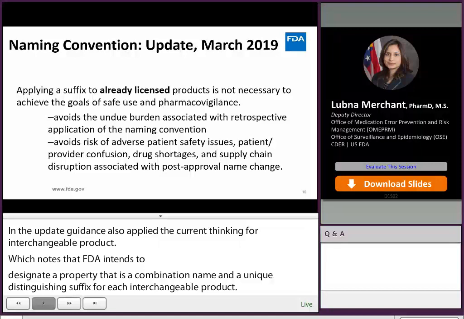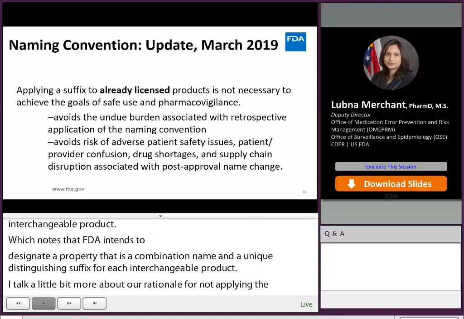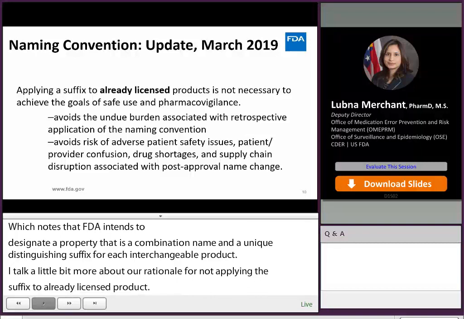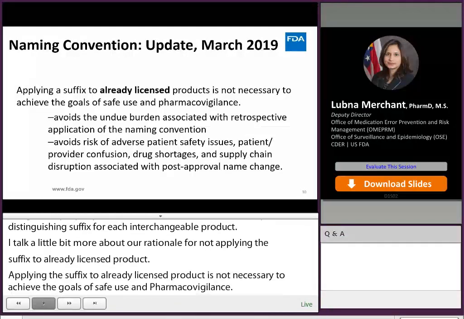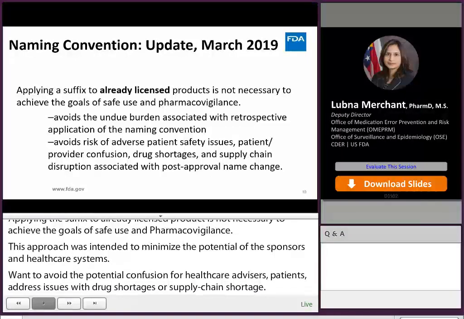Applying a suffix to already licensed product is not necessary to achieve the goals of safe use and pharmacovigilance. This approach really is intended to minimize the potential burden for sponsors and healthcare systems, and to avoid the potential confusion for healthcare providers and patients, and to address issues with drug shortages or supply chain disruption that may be associated with post-approval name changes, as these kinds of changes seldom happen post-approval.